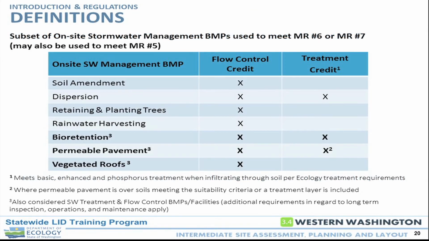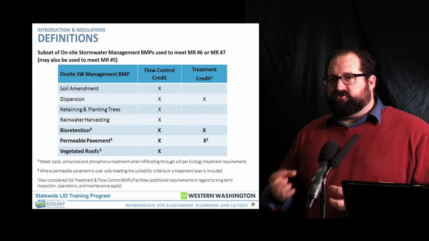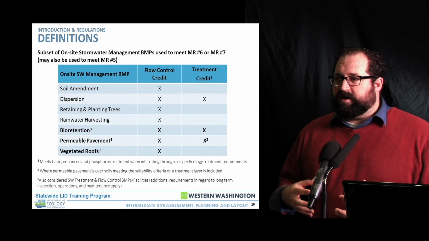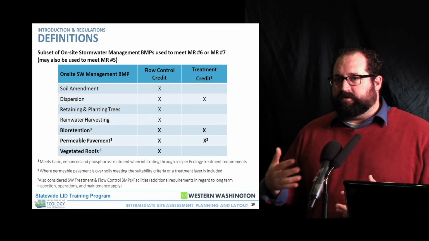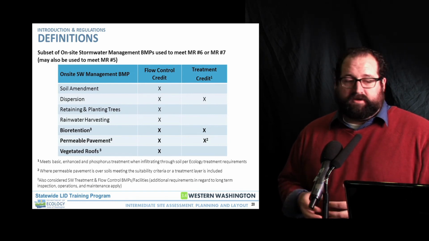We talked about low impact development not necessarily being just about stormwater management, but that's a big part of it. There's not one single strategy that is the silver bullet that's going to work, but every time you look at a site, you're going to decide between the array of tools that are at your disposal.